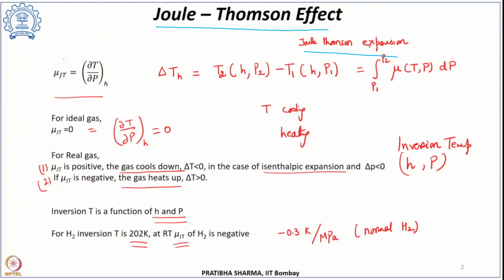This Joule-Thomson process can be calculated. It is a function of temperature and pressure, and can be written as delta T by delta P at constant enthalpy. This H represents the constant enthalpy.